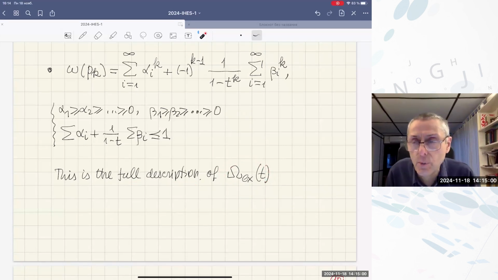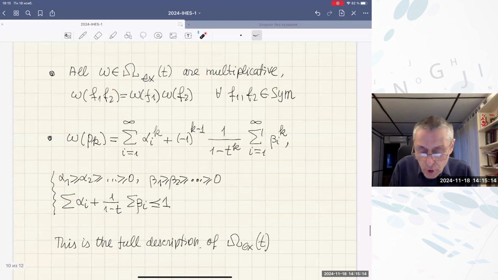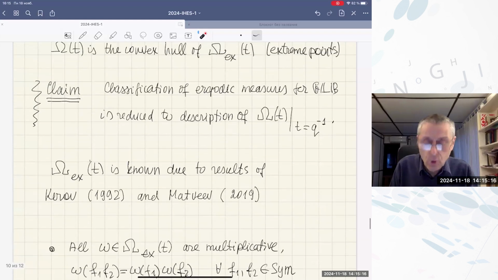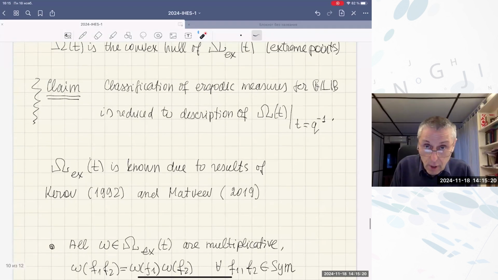And using this, we can add some extra discrete parameters and understand all ergodic measures for GLB. So for this, we have to work with Hall-Littlewood symmetric functions.